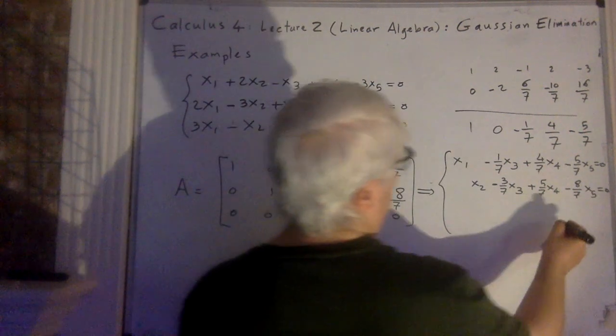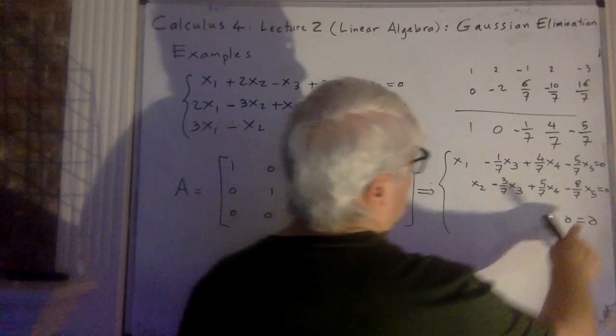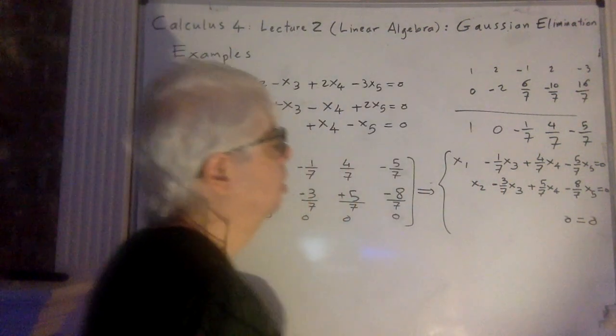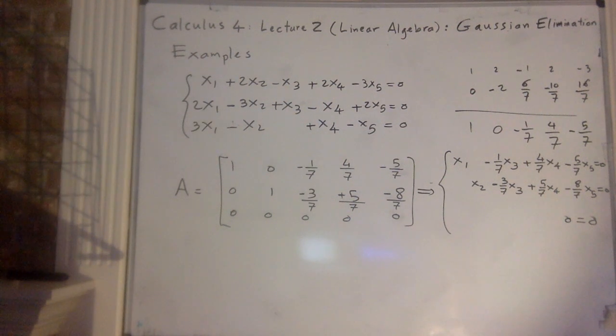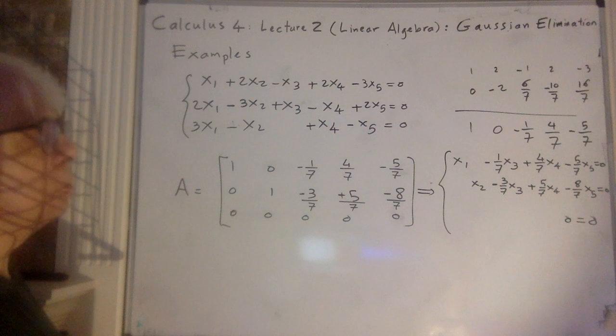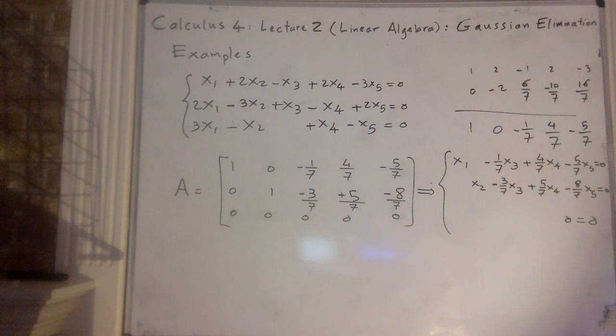And the last one is in fact 0 equals 0. So the last one doesn't come into the picture. So I had 3 equations in 5 unknowns, and it's reduced to 2 equations in 5 unknowns. Now, how do we solve this?